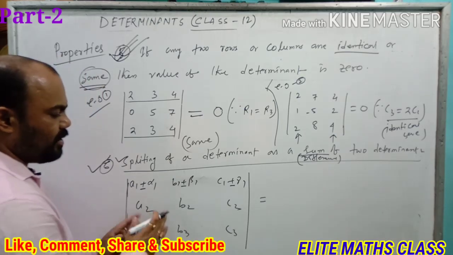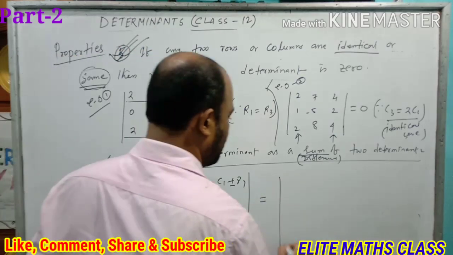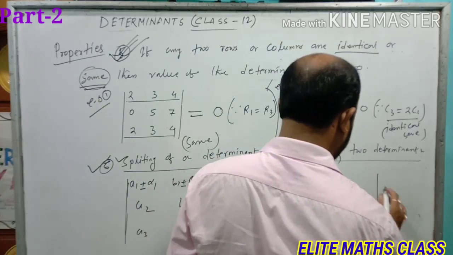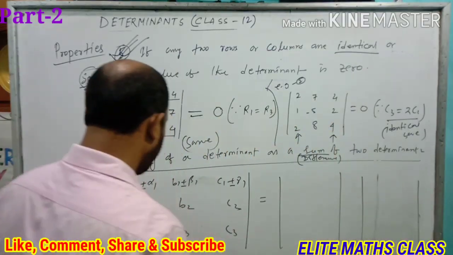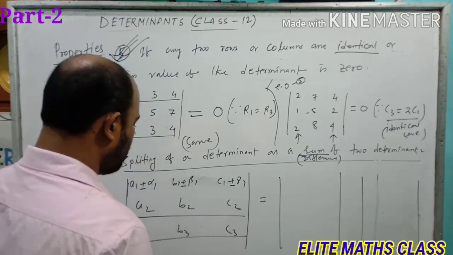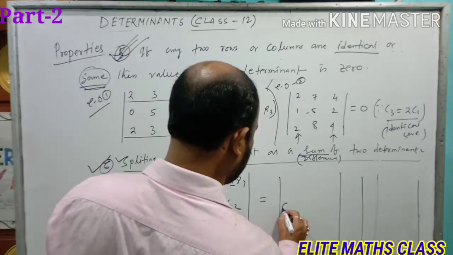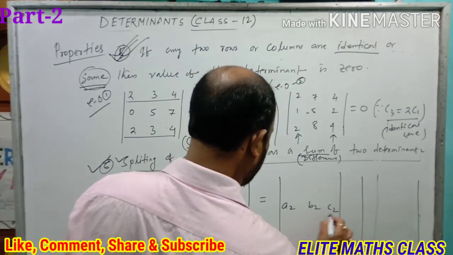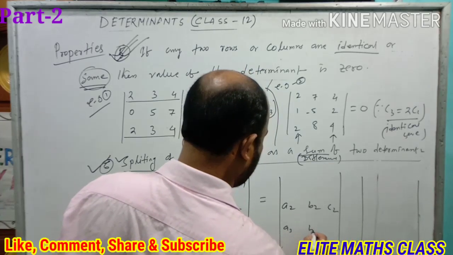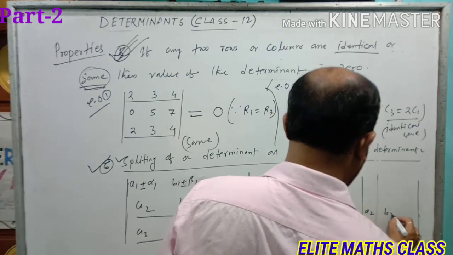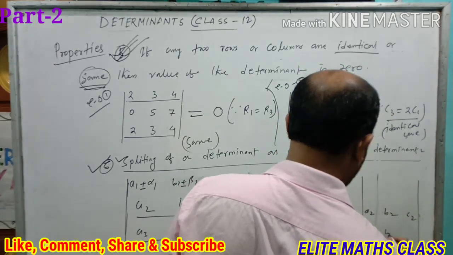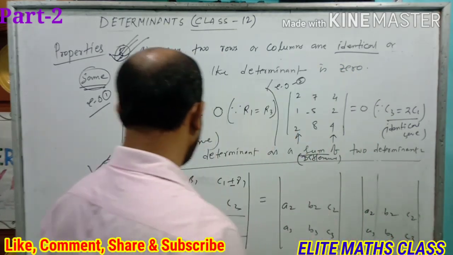In this case, whenever you are splitting the determinant as a sum of two determinant, these two rows will be unchanged. So the second row will be a2, b2, c2 as the given one, a3, b3, c3. Here also a2, b2, c2, a3, b3, c3.